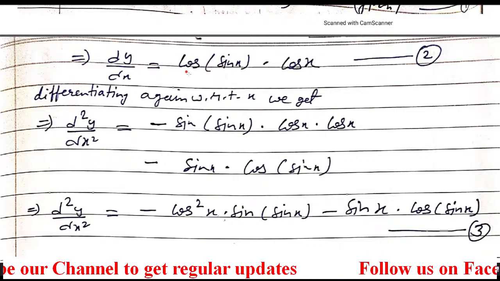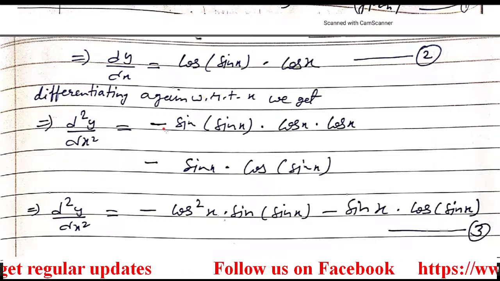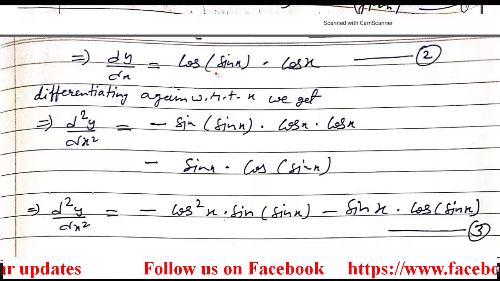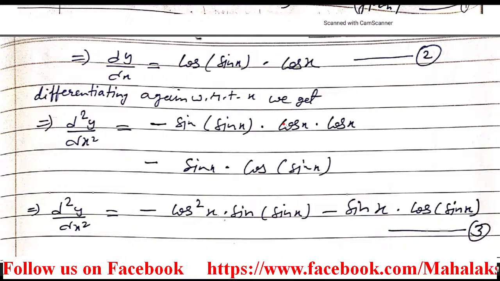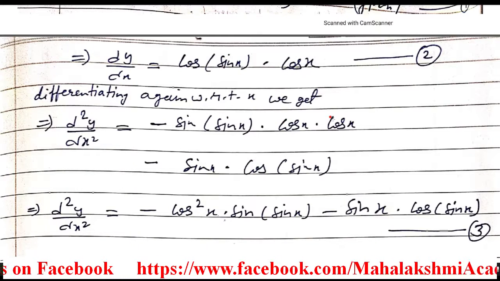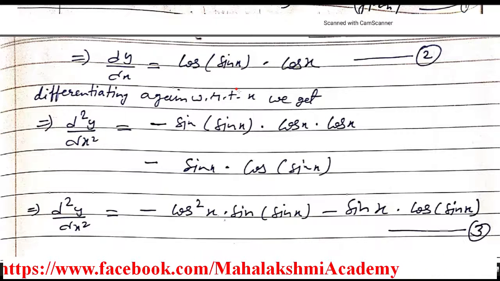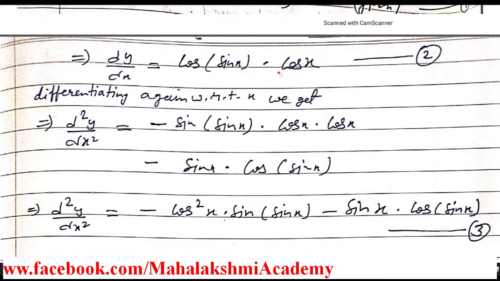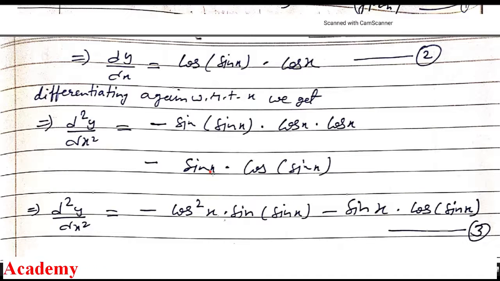So here I differentiated cos(sin x). Cos(sin x) differentiation is minus sin(sin x), and according to the chain rule we have to differentiate the sin x again, which gives us cos x, and this cos x as it is. Now first I differentiated cos(sin x), that's why in the second term I have to differentiate this cos x. So I kept this cos(sin x) as it is, and this cos x differentiation is minus sin x.